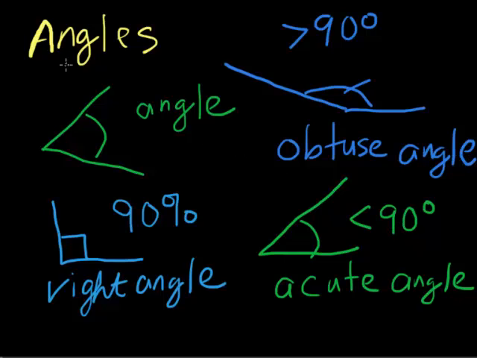Okay, so that is the basics on the three classifications of angles. 90 degrees, right angle. Less than 90 degrees, an acute angle. More than 90 degrees, then we end up with the obtuse angle. Okay, and we're going to see how that relates back to the triangle on the next slide.